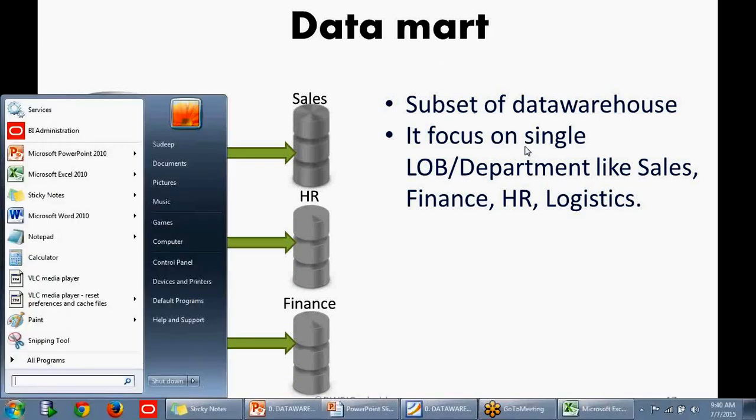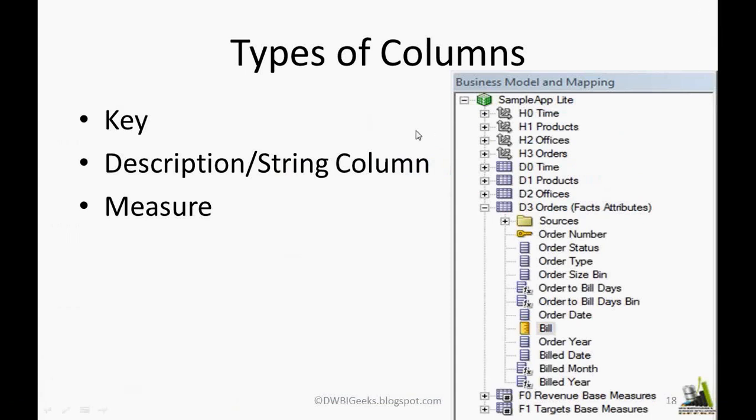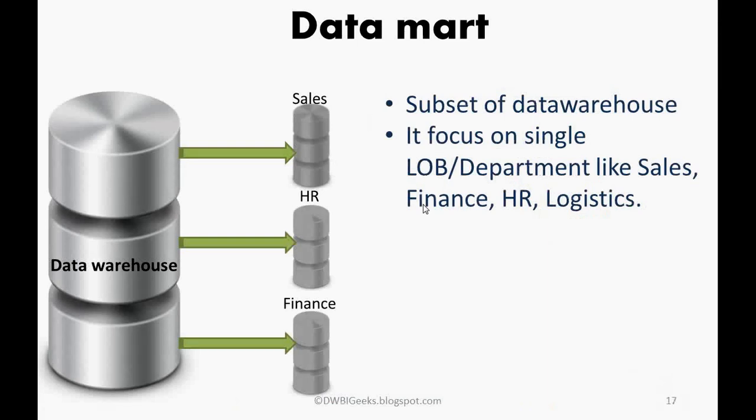How we segregate the various subject areas in a data warehouse is what we call a data mart. A data mart is nothing but a subset of the data warehouse. It focuses only on a single line of business or single department, like sales, finance, HR, and logistics.